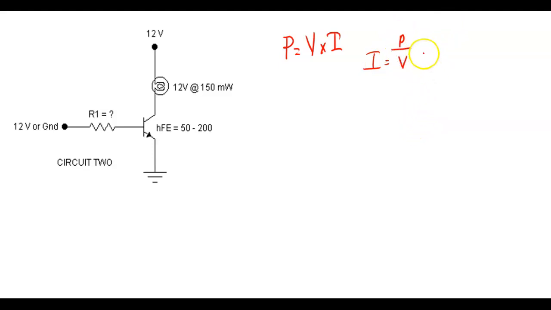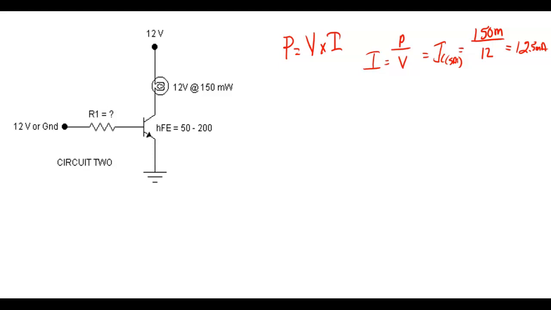We just transpose that. So IC saturation would be equal to 150 milli divided by 12. Now you think about some of the light bulbs you run in your car, they draw a pretty good deal of current, especially if you've got floodlights or headlights.